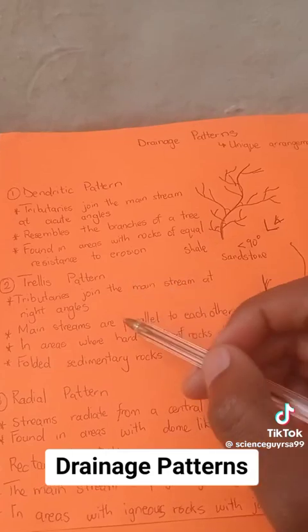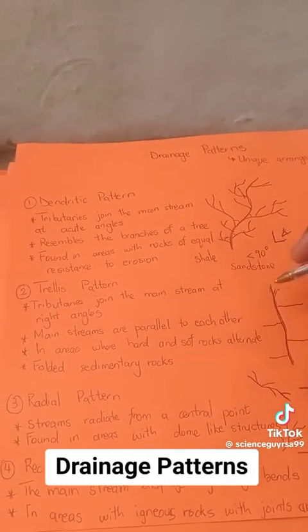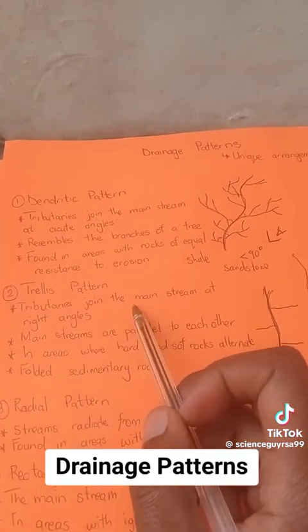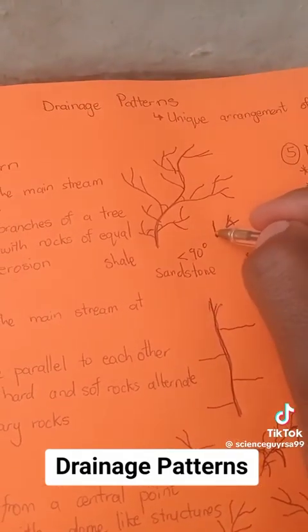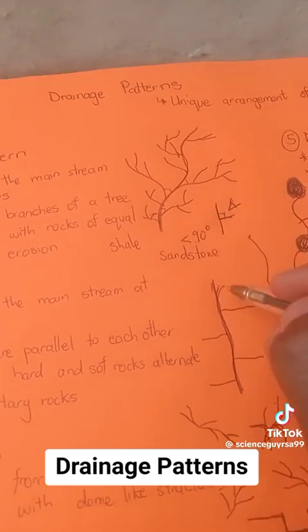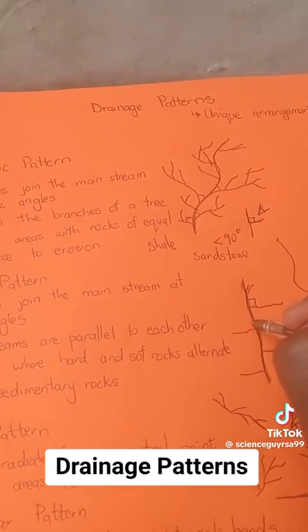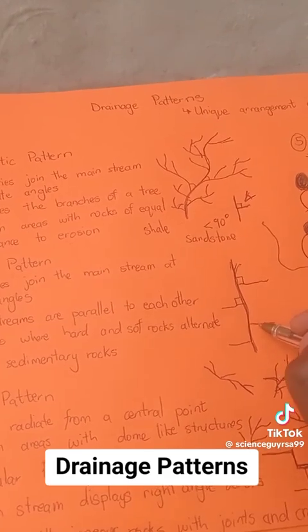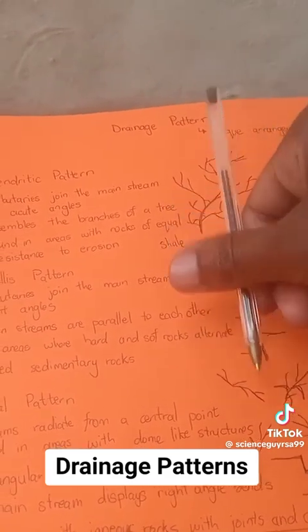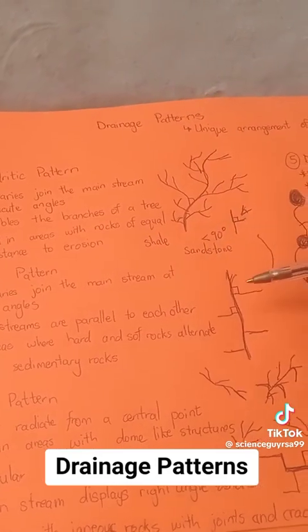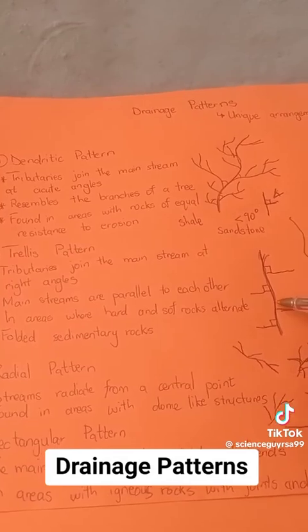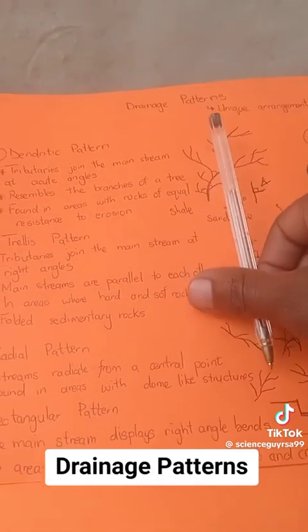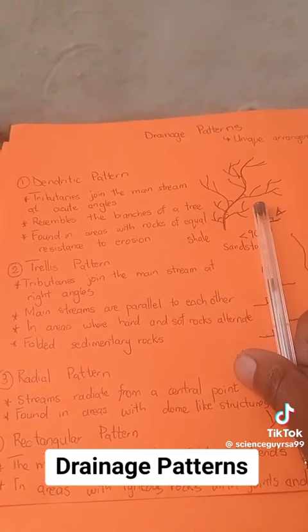So what is the trellis pattern? Its tributaries join the mainstream at right angles. This is what I was talking about, the right angles. You can see these are right angles. These are tributaries, this is the main river, this is the mainstream. Tributaries are joining at 90-degree or right angles to this main river channel.